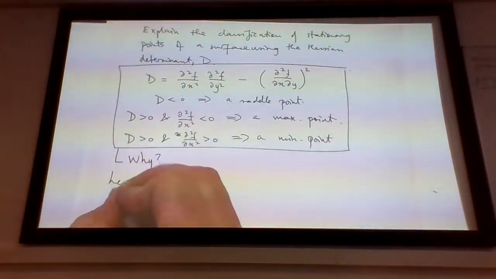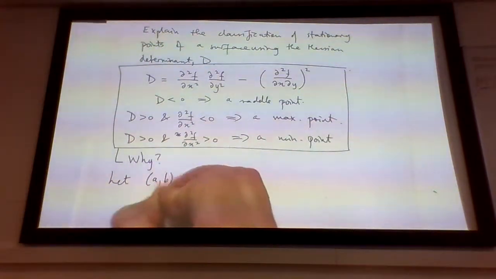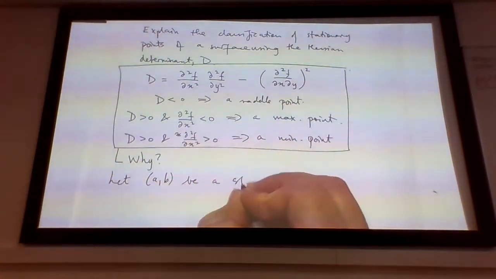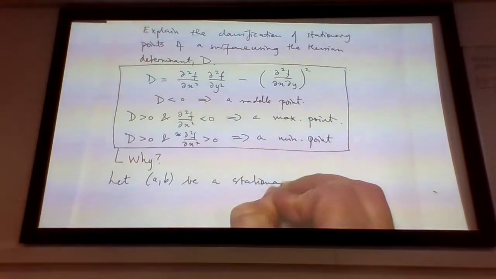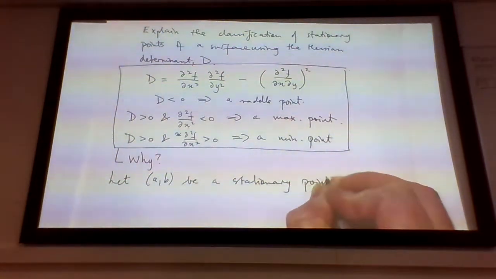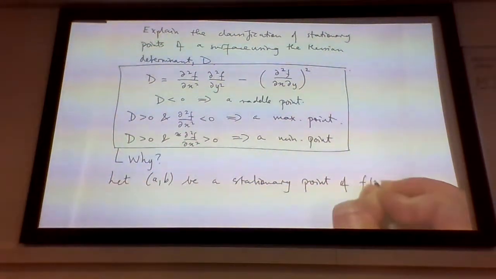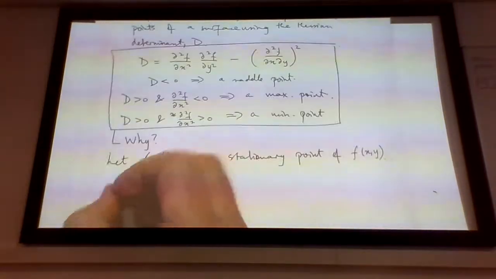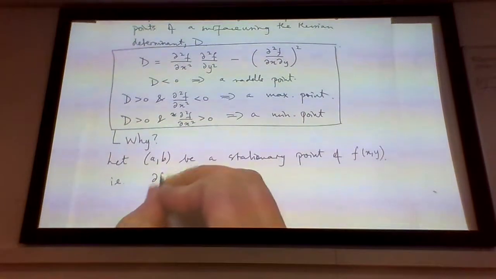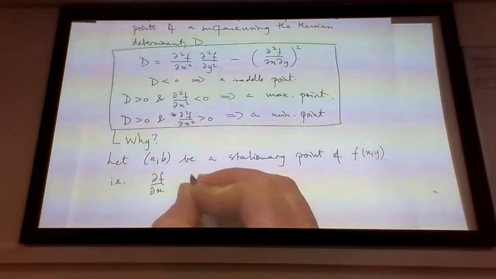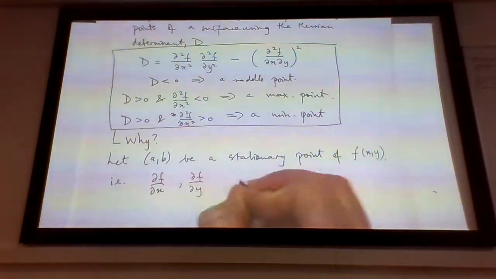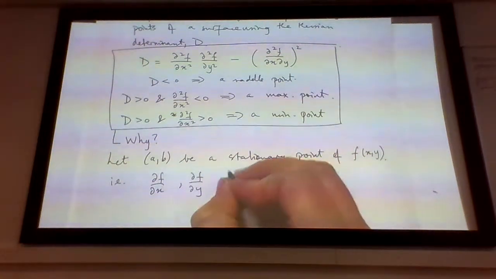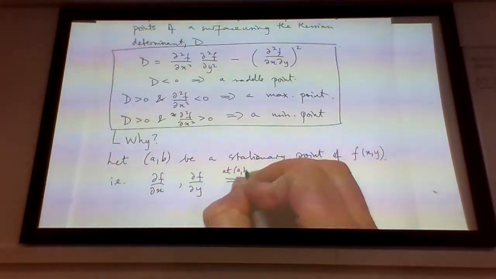So what we'll do is we'll let (a, b) be a stationary point of our function f(x, y). What that means is, i.e., df/dx and df/dy are both equal to 0 at the point (a, b).